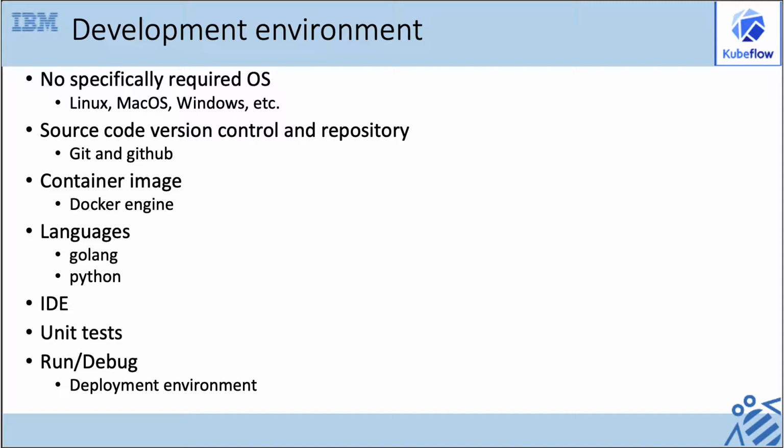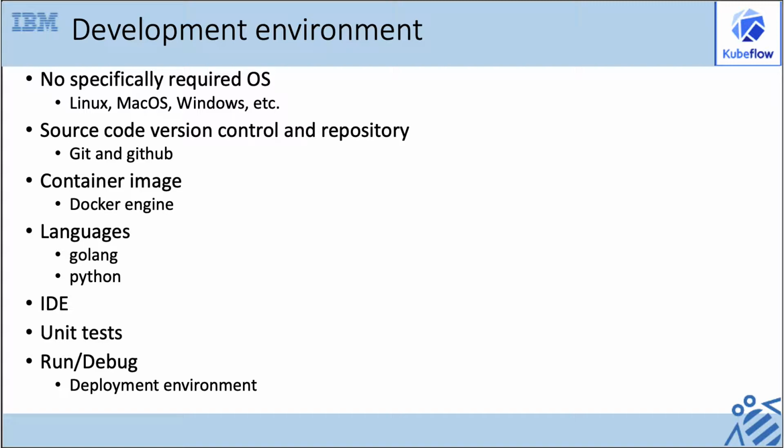Kubeflow is all on the github.com repository, and it uses Git as the source code version control. So you can push, commit, and check out all the source code and so on.